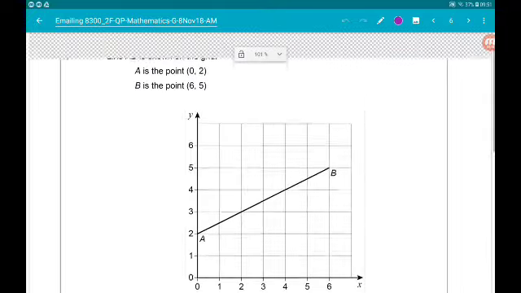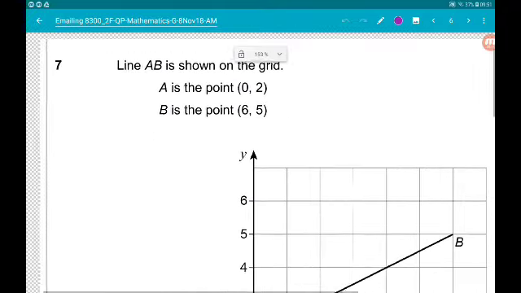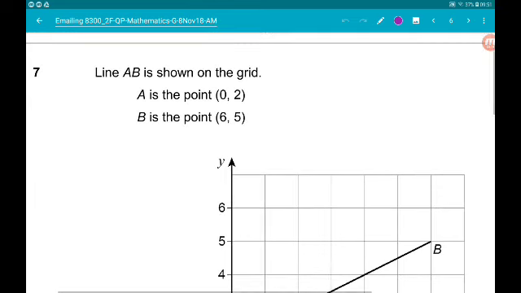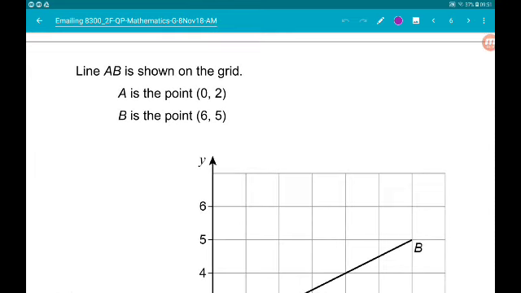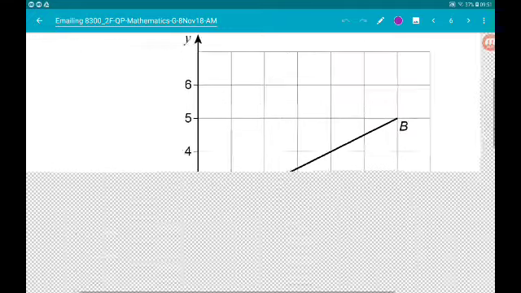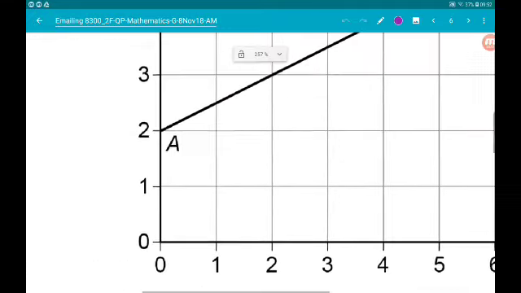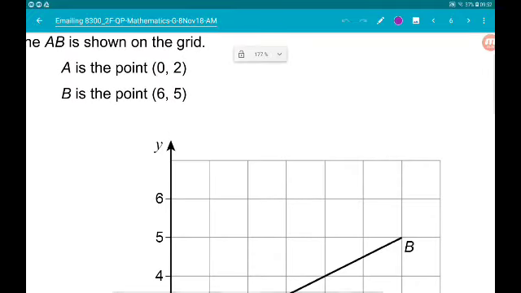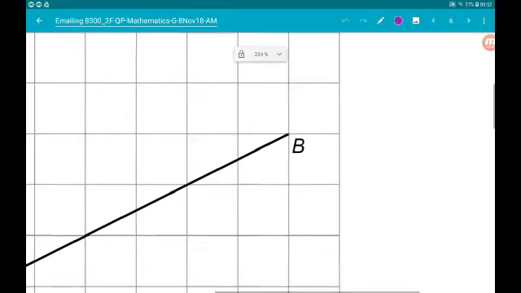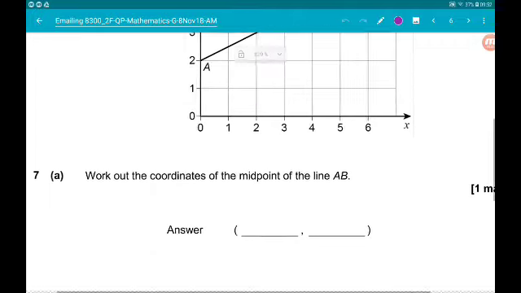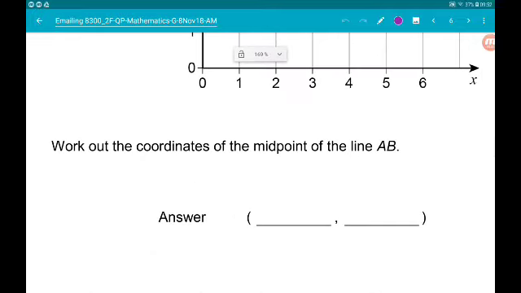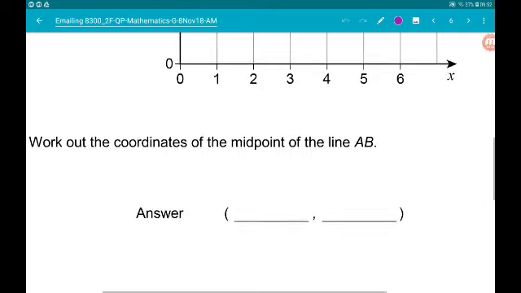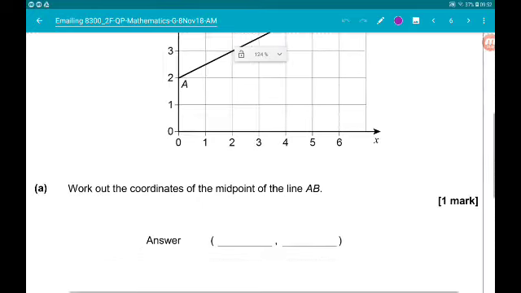Okay, question 7. Line AB is shown on the grid. A is the point 0, 2, so that's this point here, and B is the point 6, 5, over there. Work out the coordinates of the midpoint of the line AB.